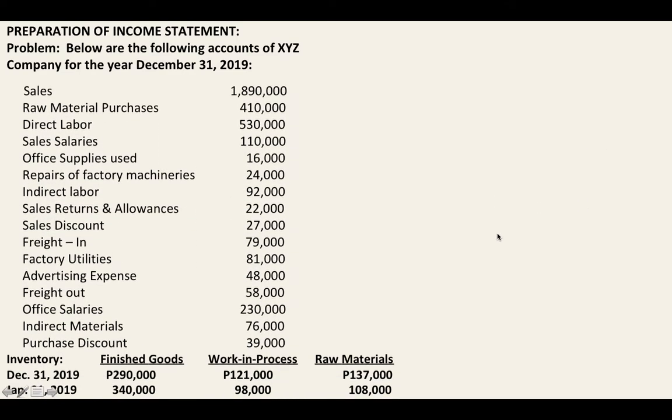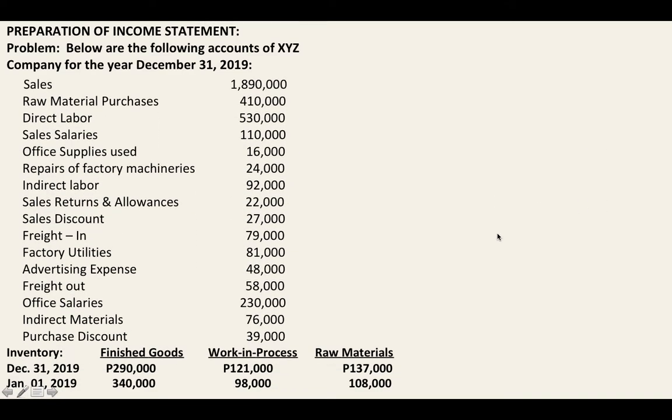Okay, class? So here we will have another illustration. Okay, this is a problem. This is the problem of XYZ company for the year December 31, 2019. Again, these are the information.